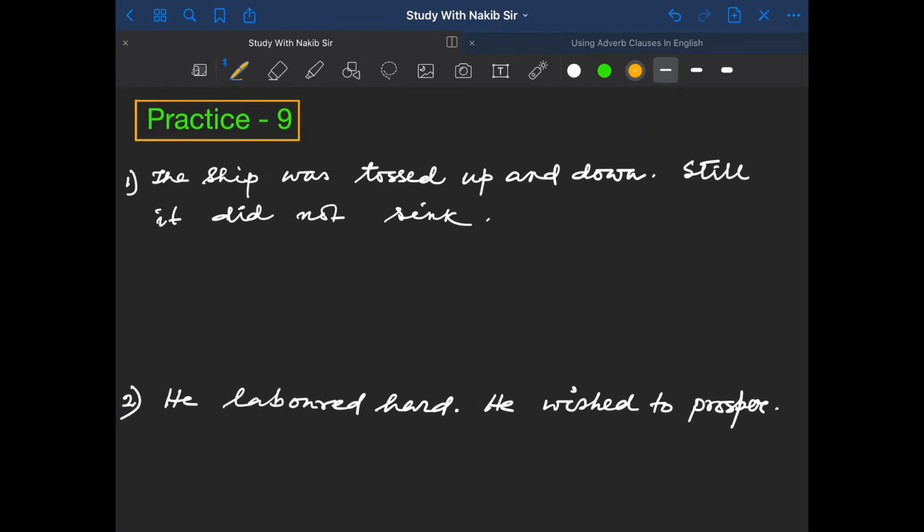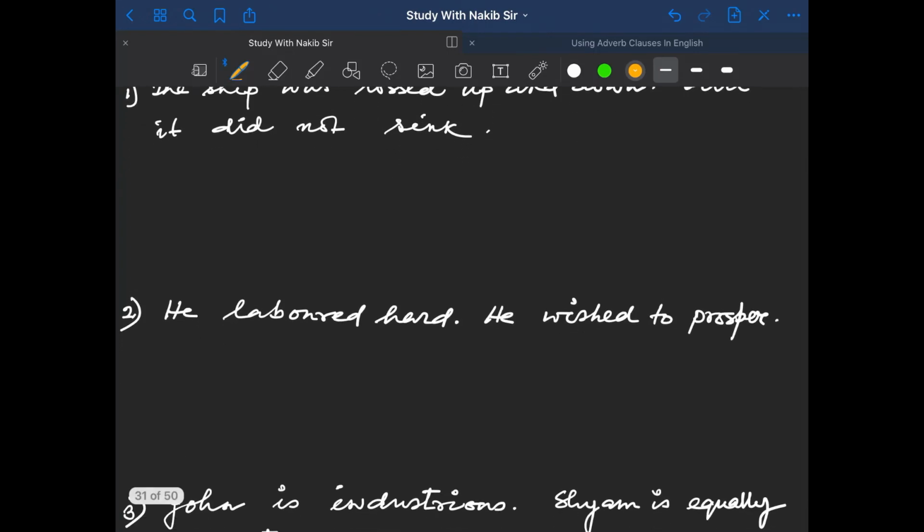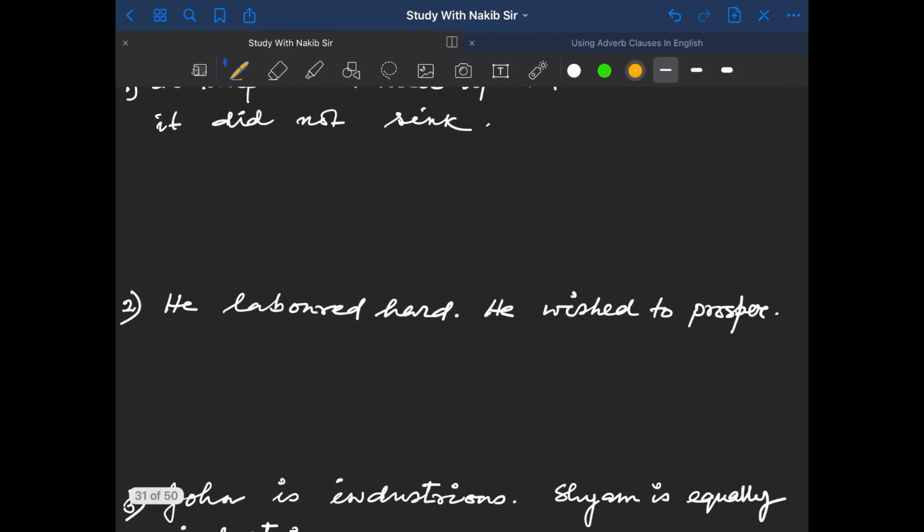Okay, see the question. The ship was tossed up and down. Still it did not sink. Number 2, he labored, L-A-B-O-U-R-E-D. He labored hard. He wished to prosper.